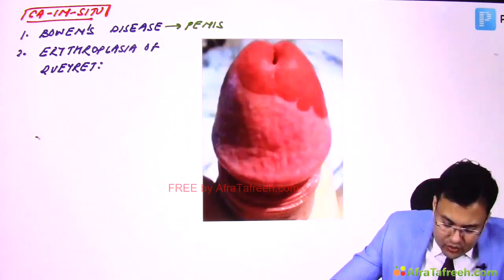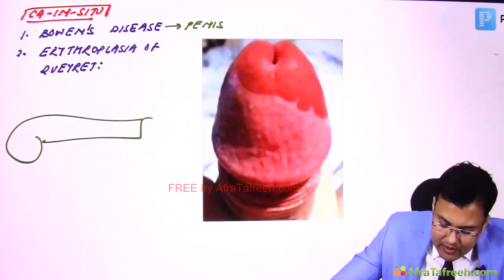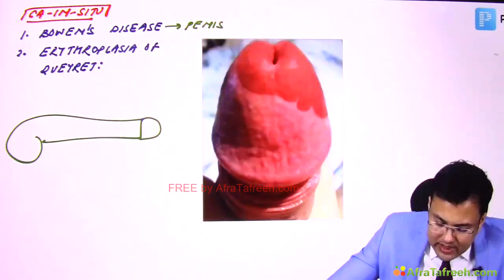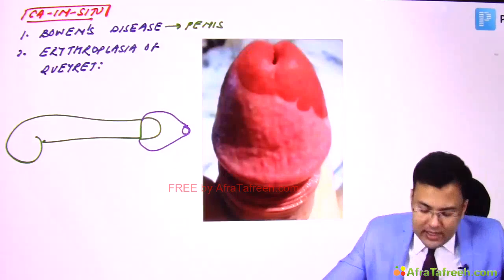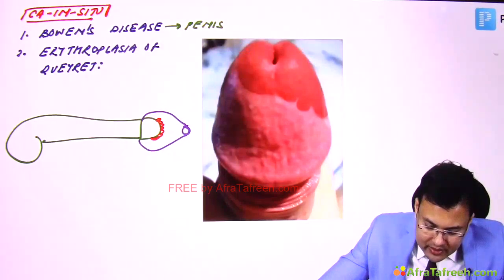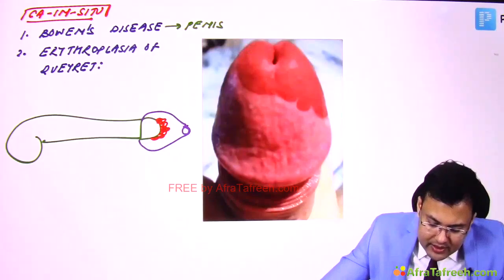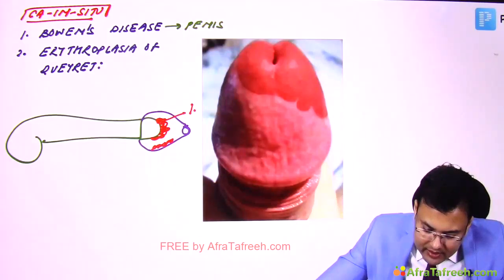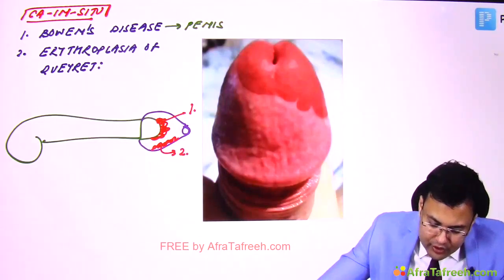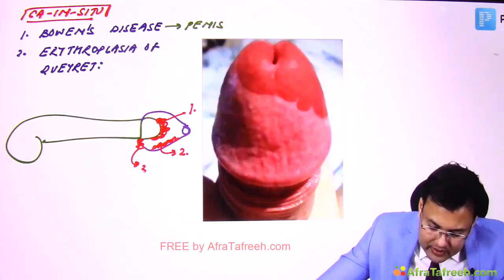Now coming to the most common site of carcinoma penis. Okay, so see, this is the glans penis and this is the prepuce. So what is the most common site? Here is the malignancy. This is glans penis. So the most common site is glans, followed by this area, which is prepuce, followed by this area, which is sulcus.